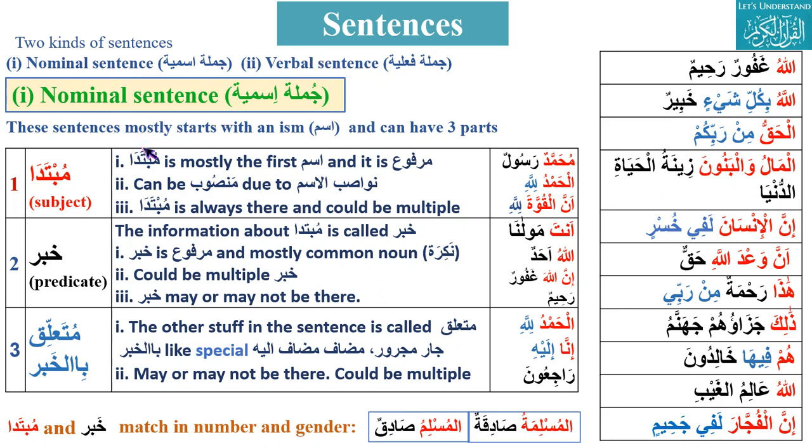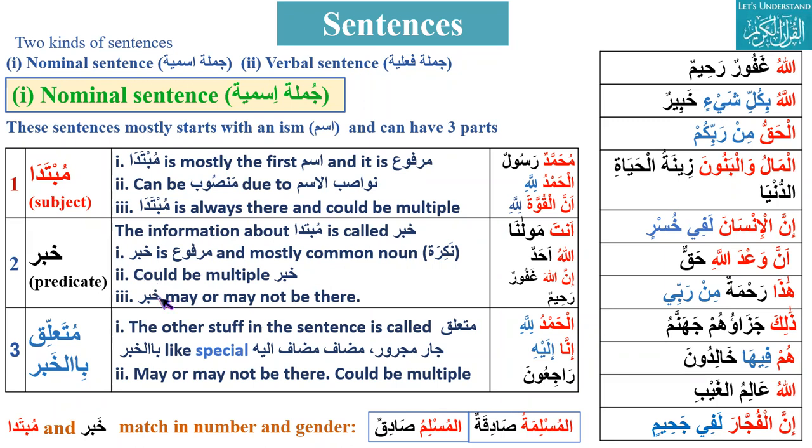Nominal sentences mostly start with an ism and can have three parts: mubtada, khabar and muta'alliq bil khabar. Mubtada is the most important part and it will always be there, and it could be multiple. Mubtada is mostly the first ism and it is marfu, and can be mansub due to some reason, as we know from nawasibul ism.